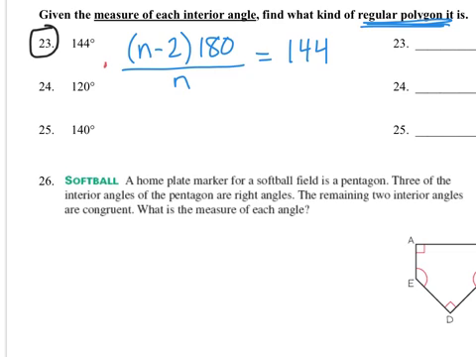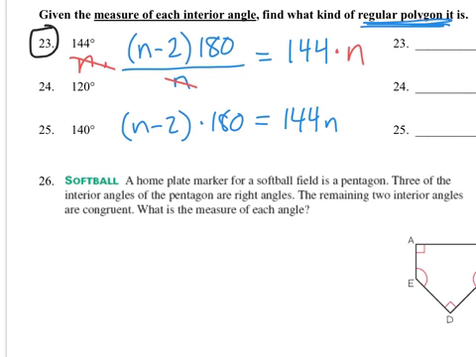We do that first by multiplying both sides of this by n, and these two n's cancel out, and that leaves us with n minus 2 times 180 equals 144n. Now let's distribute this 180 inside our term. So 180n minus 360 equals 144n.